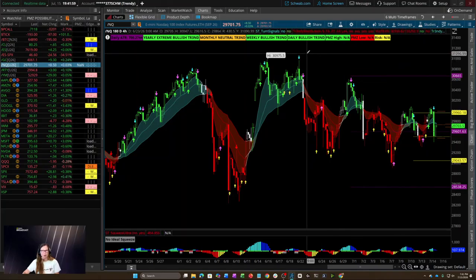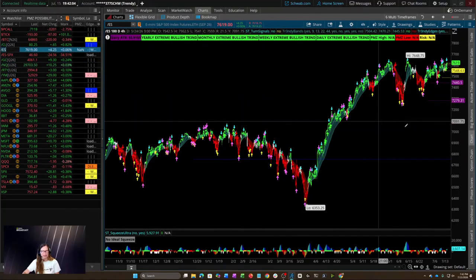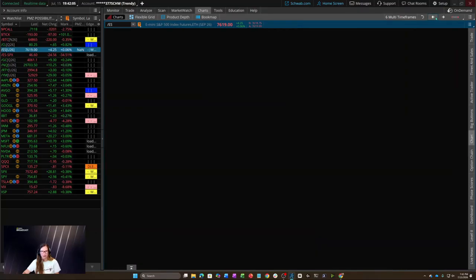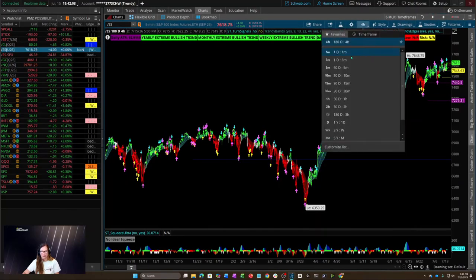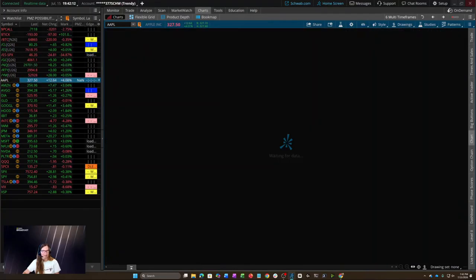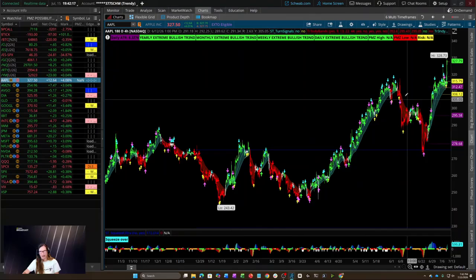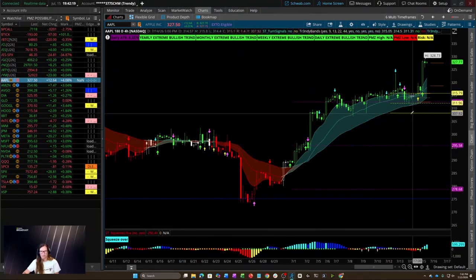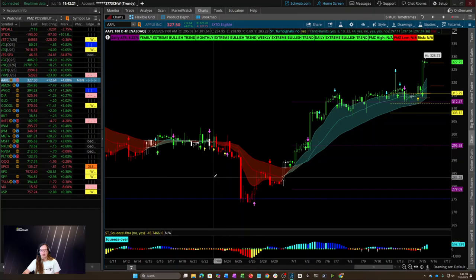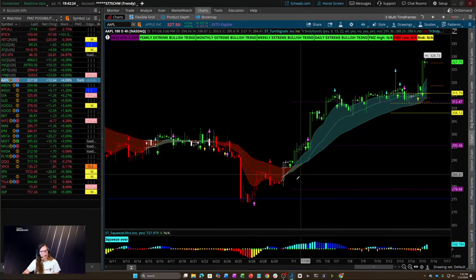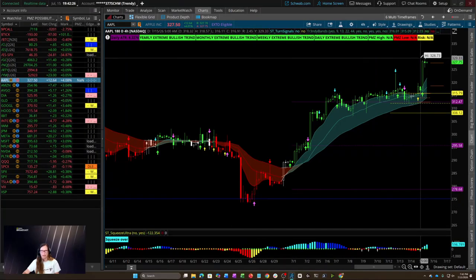All right. So to recap, when price is in a clear uptrend, and there's no doubt about it, let's look at Apple actually, because I know this thing is without a doubt in a clear uptrend. Okay? There's no question what kind of trend Apple is in.